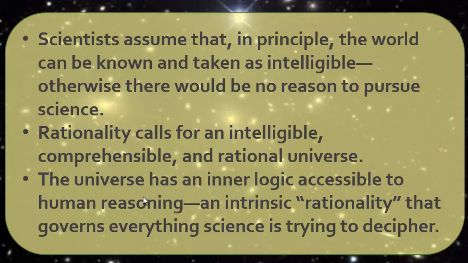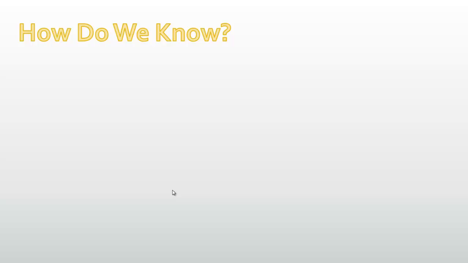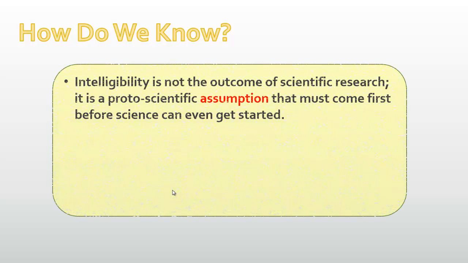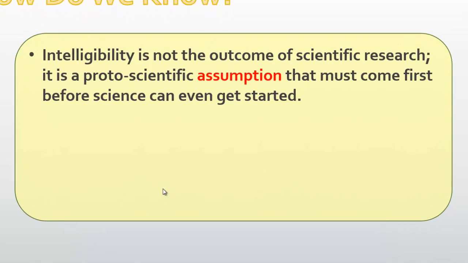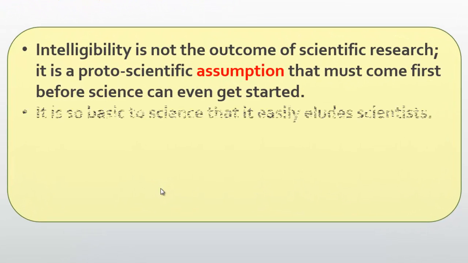Somehow the universe has an inner logic that is accessible to human reasoning, an intrinsic rationality that governs everything science is trying to decipher. How do we know? It's again not the outcome of scientific research. It is an assumption before science even can get started. It is so basic that most scientists are not even aware of it.